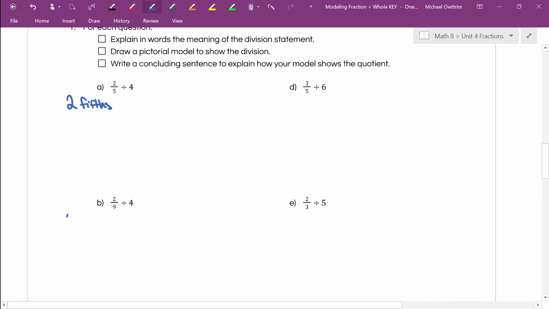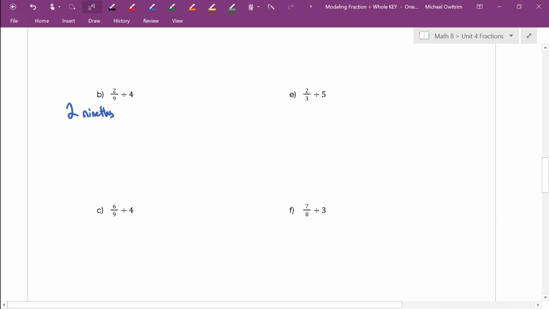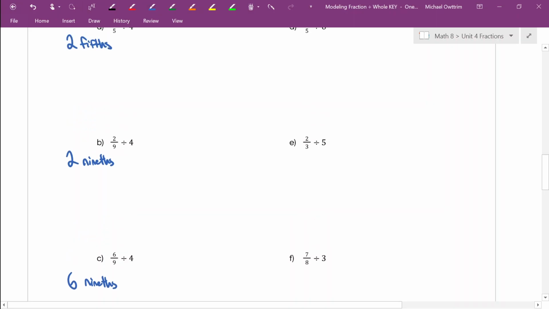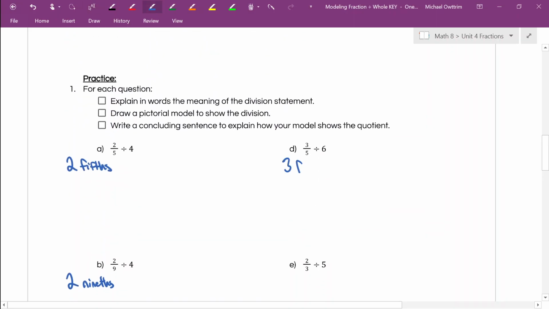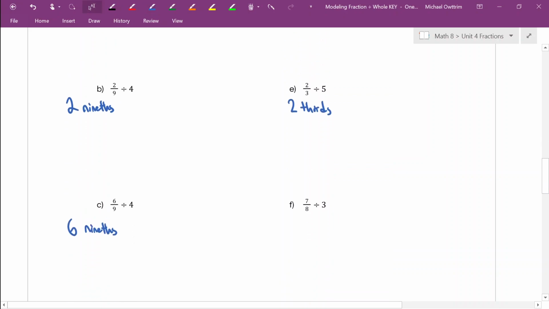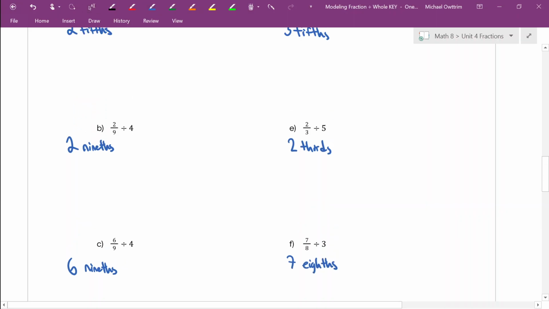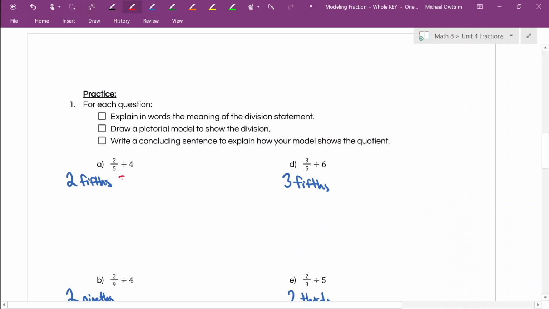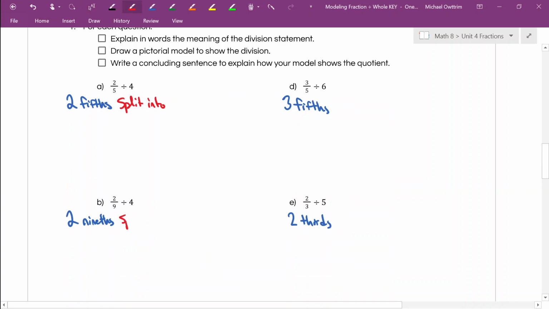In question B, we're going to have 2/9 as our starting amount. In question C, we'll have 6/9 as our starting amount, 3/5 in question D, 2/3 in question E, and 7/8 in question F.